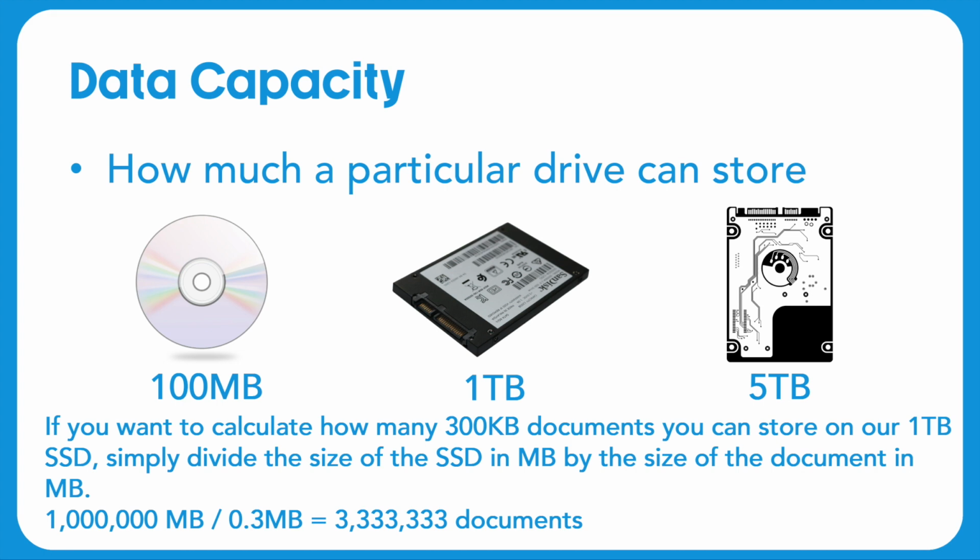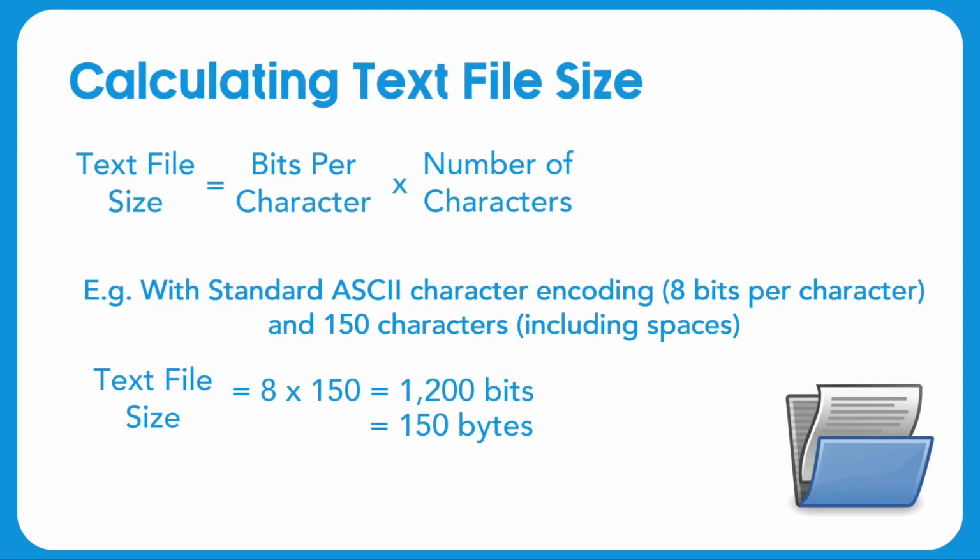For your exam, you'll also need to know how to calculate the file size of text, sound, and image files. Text file sizes can be calculated by multiplying the bits per character, which is the number of bits that we use to represent a single character, by the number of characters in the file, including spaces. We'll go into more depth on how computers represent characters in binary in our next video, but for now we'll say that the bits per character for our file is 8.